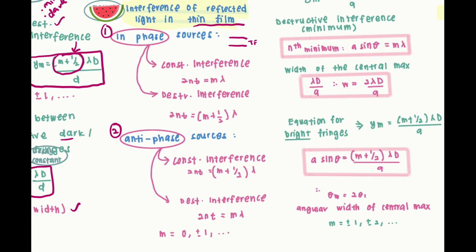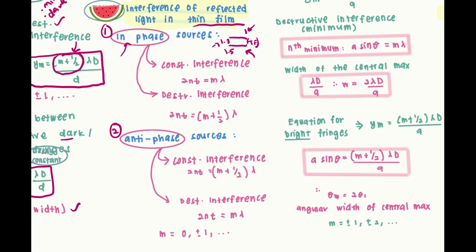For example, here is 1, here is 1.3, here is 1.5. So the bottom medium must be bigger than the thin film medium, and the middle medium of the thin film must be bigger than the index of refraction of the upper one, the top one.